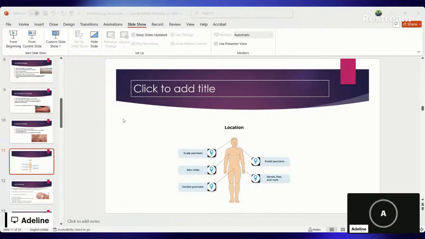Pain and tenderness from nail psoriasis can usually impact almost all daily activities. Nail psoriasis is usually an indicator of psoriatic arthritis.